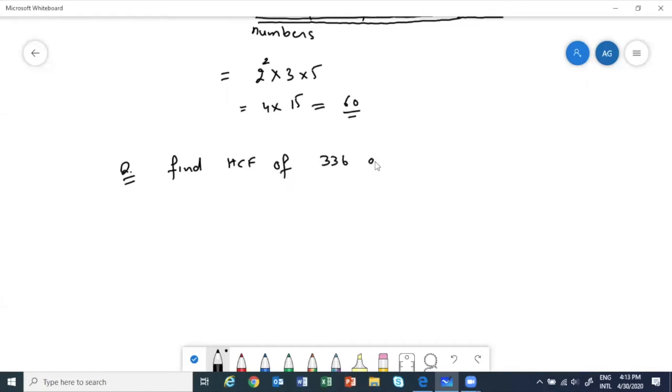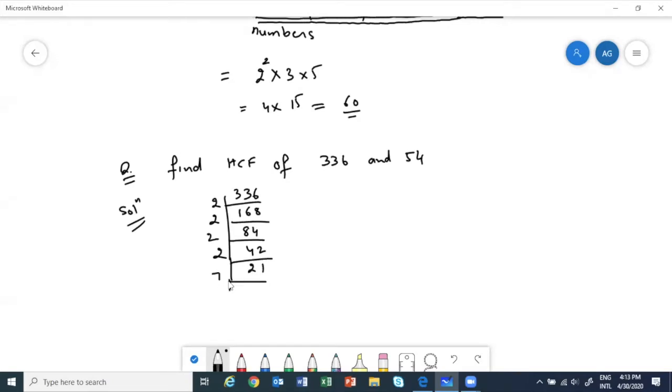336 and 54. So first thing that we have to do is prime factorize. So let's prime factorize 336. We have 2, 168, 84, 42, 21.